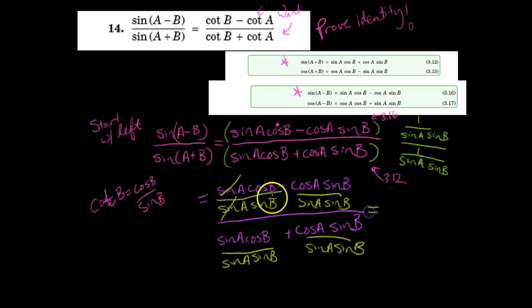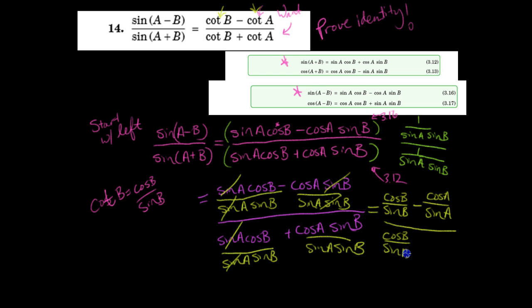So what are you left with? In the first term, I have cosine B over sine B. What is that? That's cotangent of B minus, sine cancels, boom boom, cosine A over sine A. What is that? That's cotangent of A. That's what we want, right? See, keep looking at what we're trying to get to, what our goal is. Cancel those out. Cosine B over sine B. What is that?